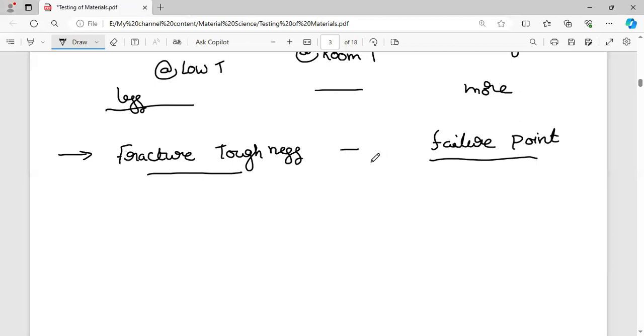Fracture toughness is the area under the stress strain curve up to the failure point.